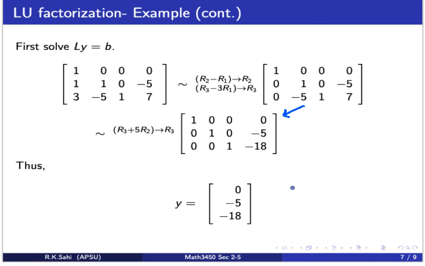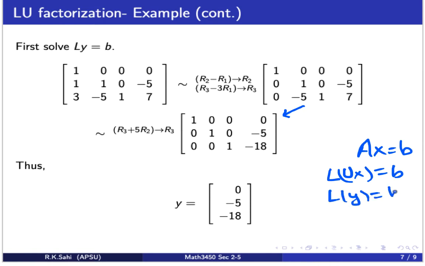Now we want to solve for x, because the original problem was Ax equals b. Keep in mind, the original problem is Ax equals b, or LUx equals b, or L times y equals b. We have to solve for x. That is the most important thing. But in order to get to that point, first we do Ly equals b, which we just did.